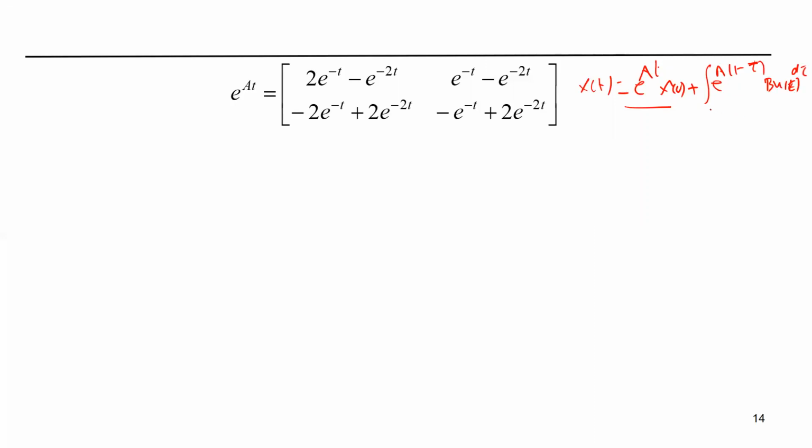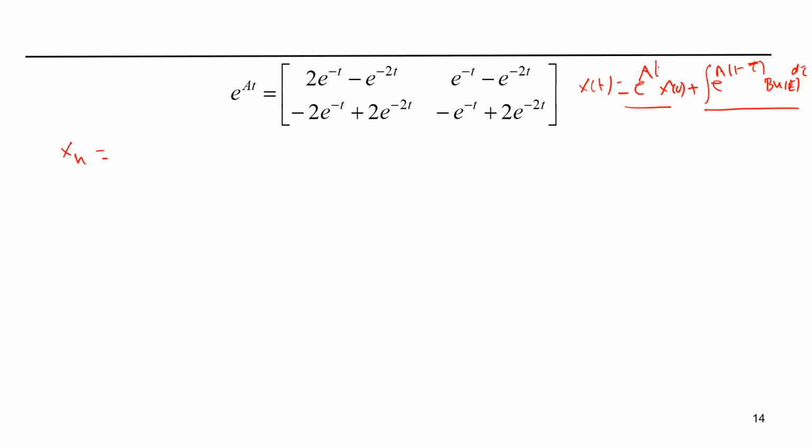So this is the homogeneous part and this is the non-homogeneous part. Let me get the homogeneous part. How do I get it? It's equal to this matrix multiplied by the initial condition.